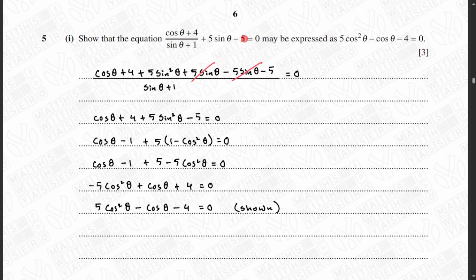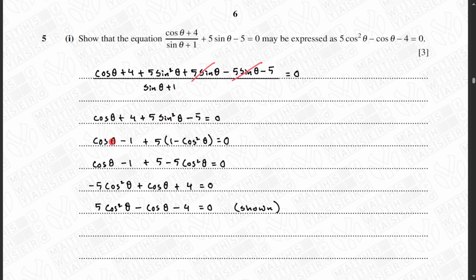And also we need to multiply negative 5 with sin theta plus 1, which will give us negative 5 sin theta and negative 5. Simplifying this, we can see there is a positive 5 sin theta and negative 5 sin theta. They cancel out, and we are left with cos theta plus 4 plus 5 sin square theta minus 5. By cross multiplying sin theta plus 1 and 0, it becomes 0.